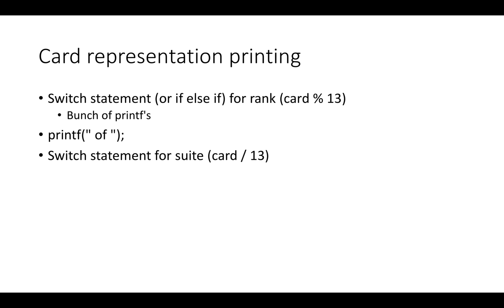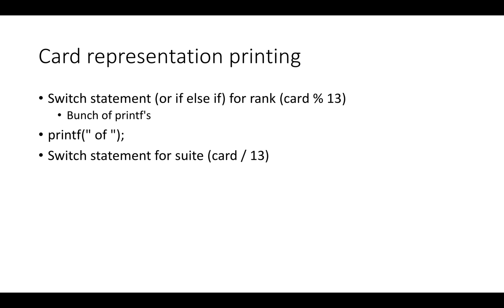So, based on that representation, I'd write a function to print an individual card. In that function, I would have a switch statement or a bunch of if-else-if statements for rank. So you would switch on card mod 13 and then have a bunch of printfs inside there.